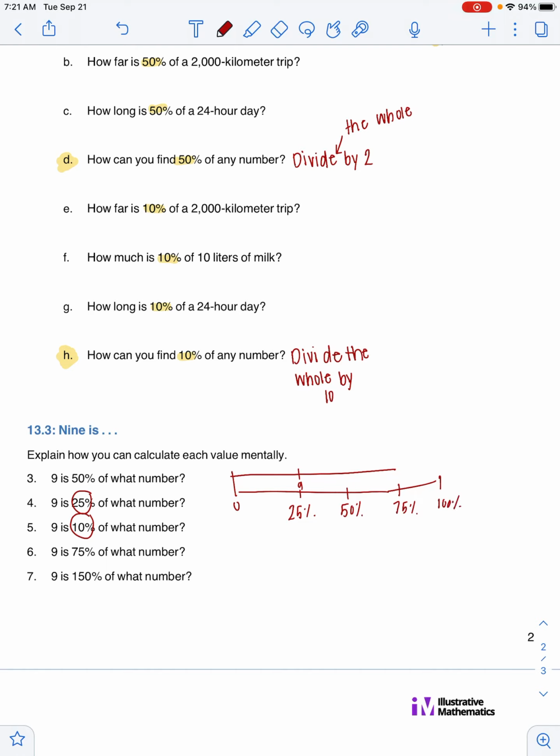So in other words, there are 4 groups of 25% in 100%, so there are 4 groups of 9 in the whole. Go ahead and give questions 3, 4, 5, and 6 a try, and I will go back to your document and add some comments.